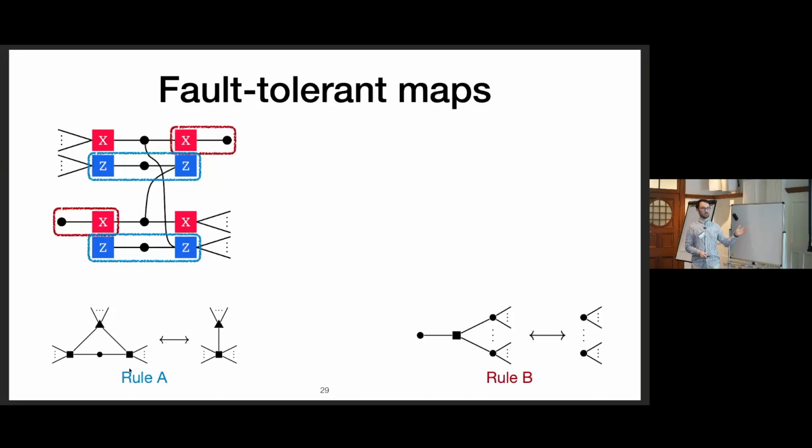They have some ZX rewrite rules that look a bit like this, and they had a nice paper a few months ago on the completeness of those rewrites. So I think in their case, they have a complete set of fault-tolerant maps, and they know they can express any other in terms of those. So I think you probably could rephrase their results here. They are quite analogous, because they use what they call a CSS noise model, which is basically some phenomenological XZ model, so I think it's really equivalent. I can't remember exactly what the rules are, but they're simple enough that you could write the complete set on one slide.